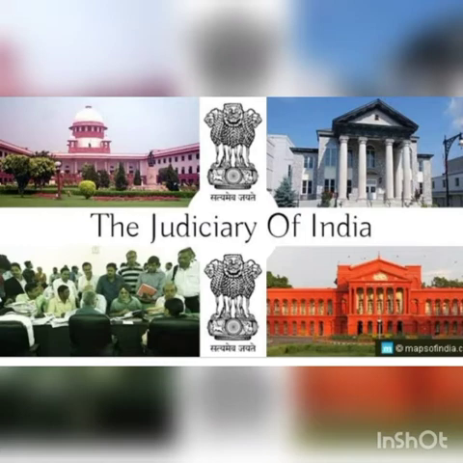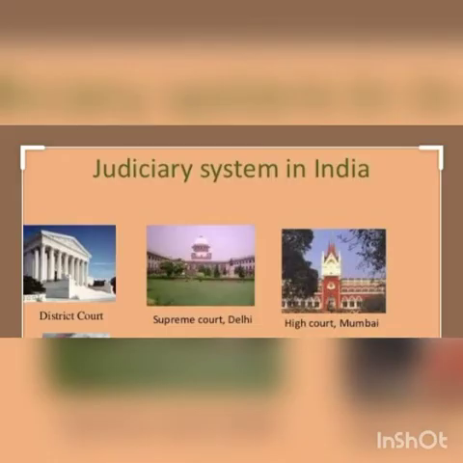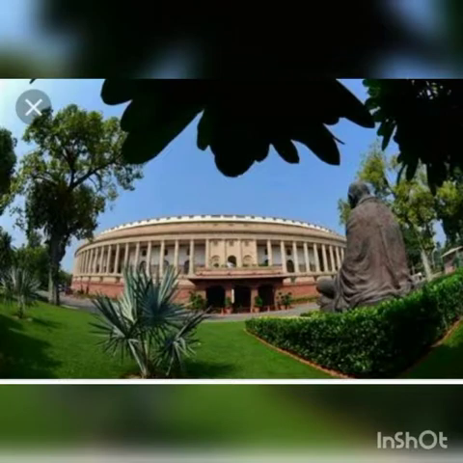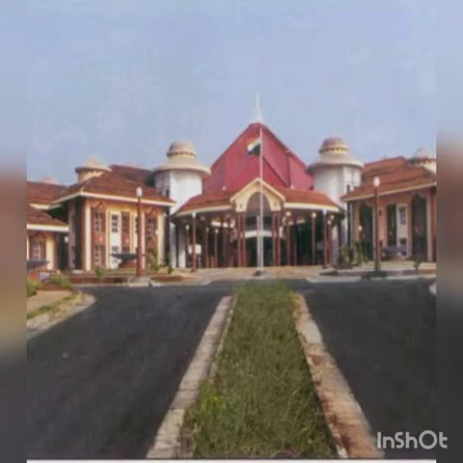When we speak about the judiciary, we are going to speak about the courts in India. The courts interpret and administer the laws made by the Union Parliament and the state legislature.